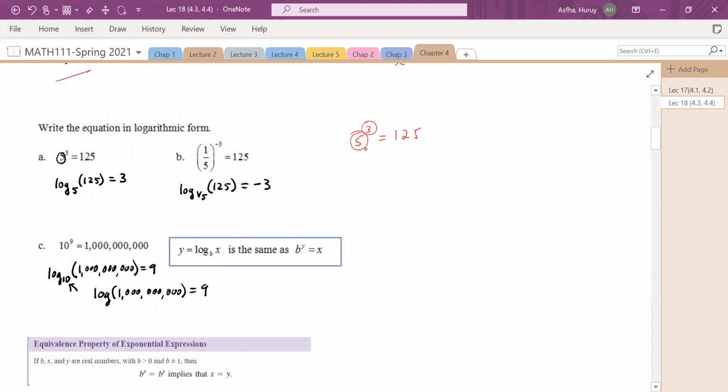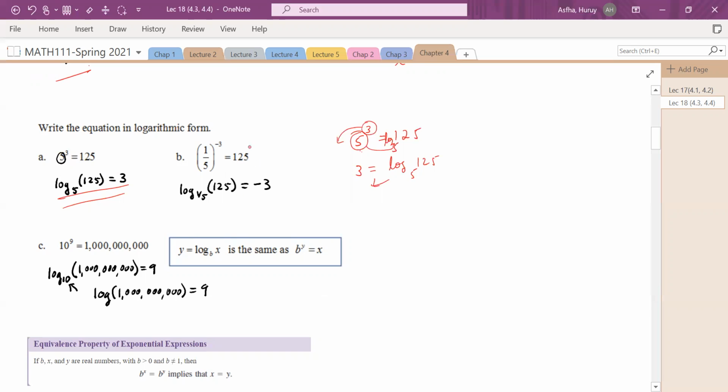The base is always the base, whether in logarithmic or exponential form. So what we do is we bring this one right here. It will be the base, and we add log here, and we bring this one down. So basically it will be 3 equals log 125 base 5. I just put it on the left side, but it doesn't matter. So that's what we have right here.